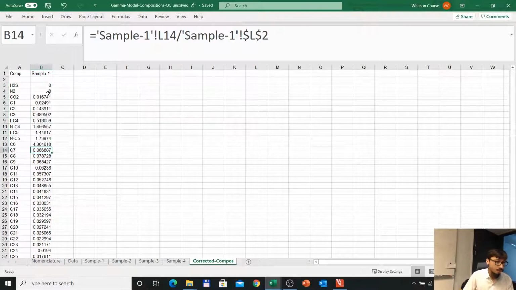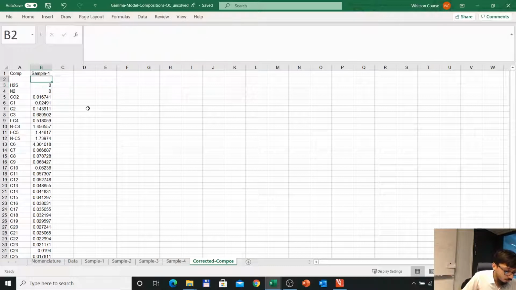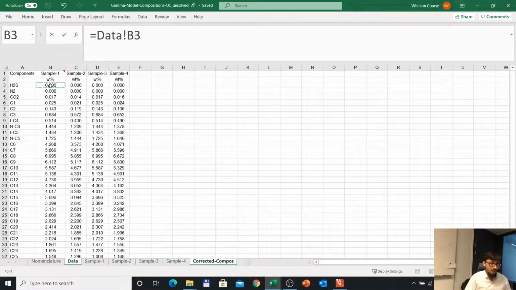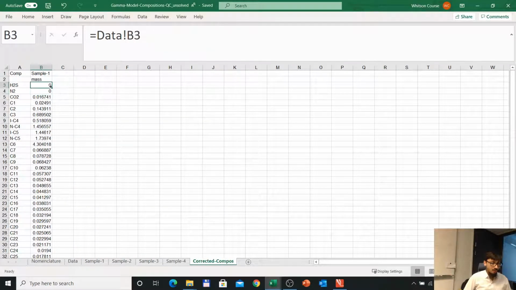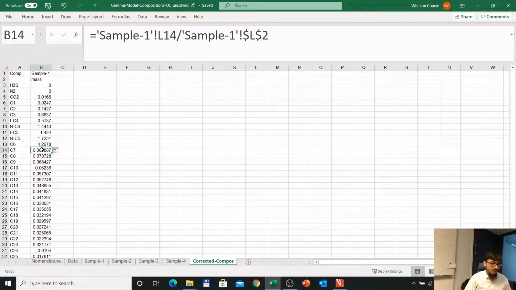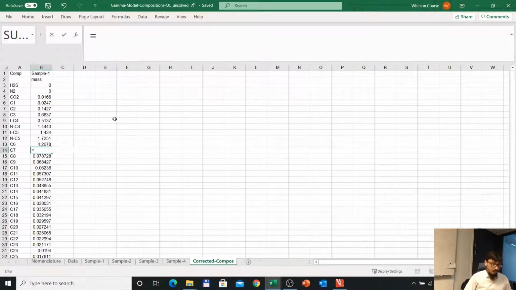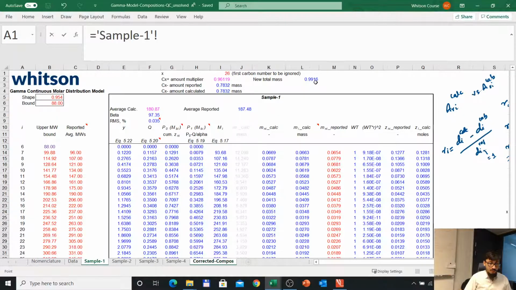Okay, so I think we can do it in two steps. First, for sample one, we have the mass. If you look at the lab data here, these are the mass amounts for all the C6 components, and for C7 plus we calculated a new total mass, which is this one here, and these are the individual component masses.